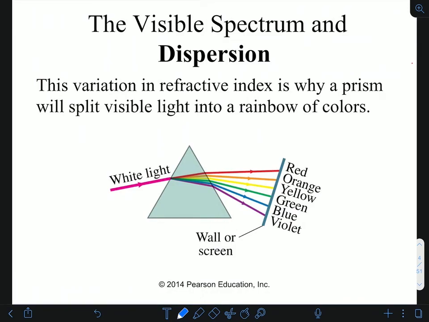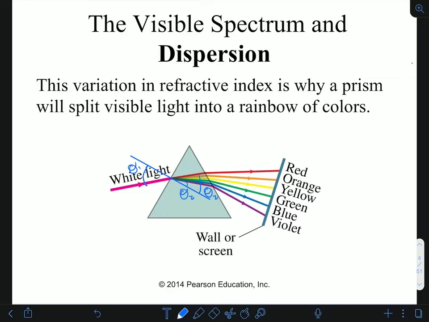We have white light coming in, which is all the light combined together. And if I were to draw a normal here, notice I have my incident angle, theta 1 in, and then theta 2 is going to be different depending on the wavelength of light.